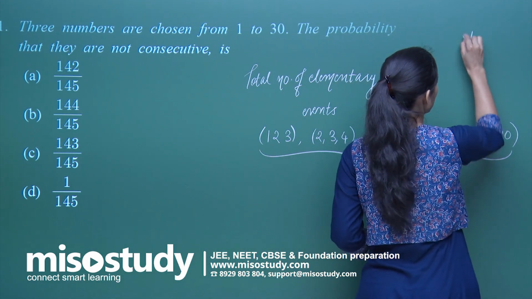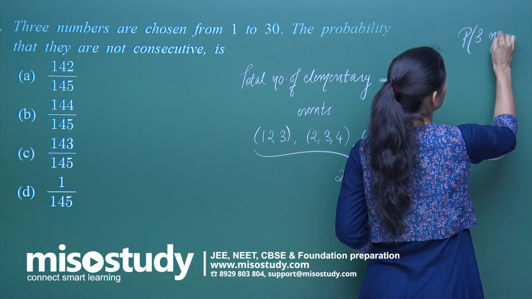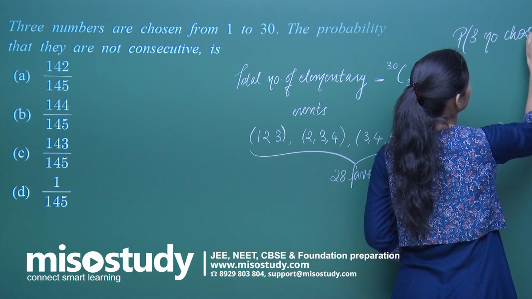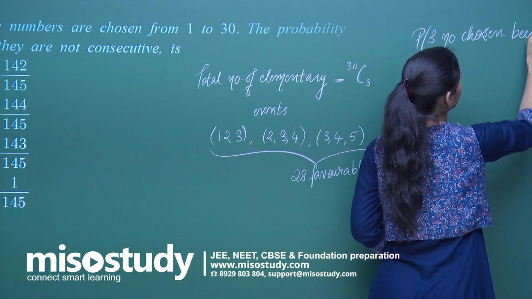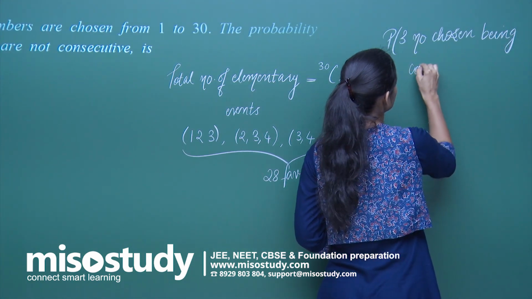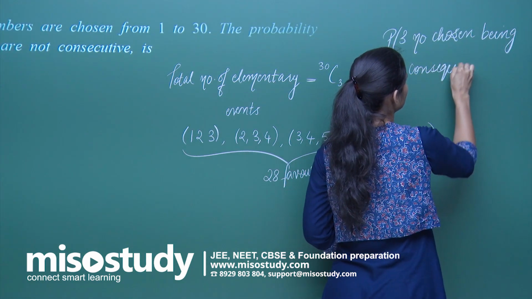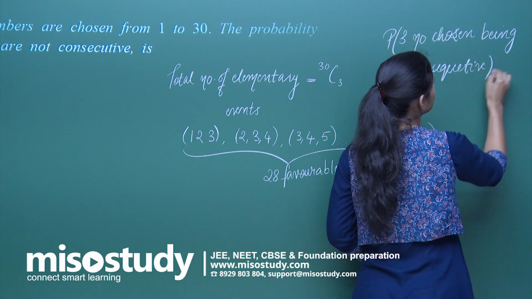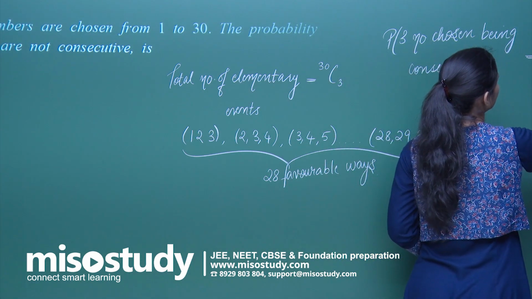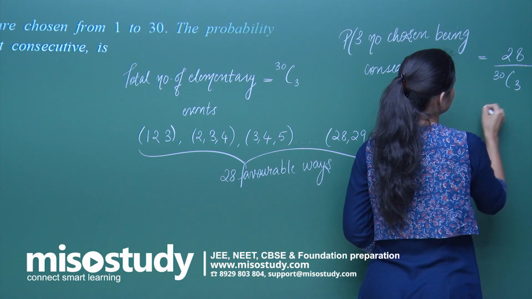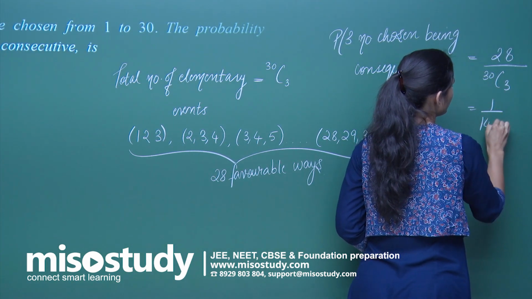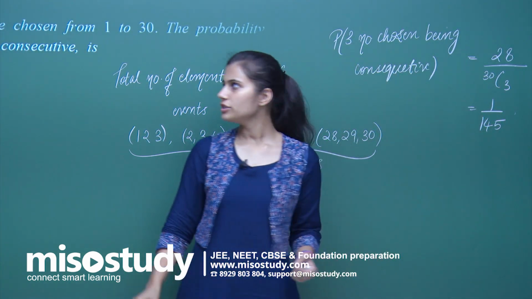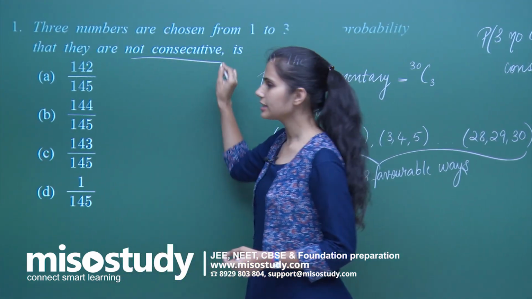28 favorable ways for the 3 chosen numbers to come out to be consecutive. So the probability of 3 numbers chosen being consecutive is very clearly 28 by 30C3, which is 1 by 145. But the question is to find the probability that they are not consecutive.